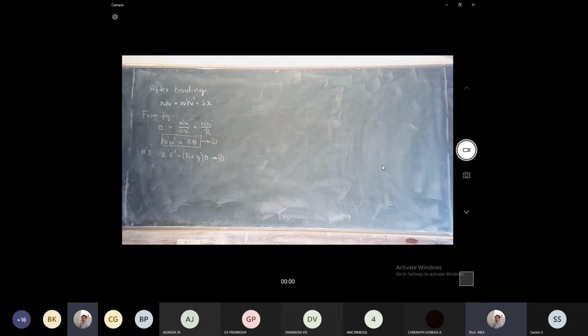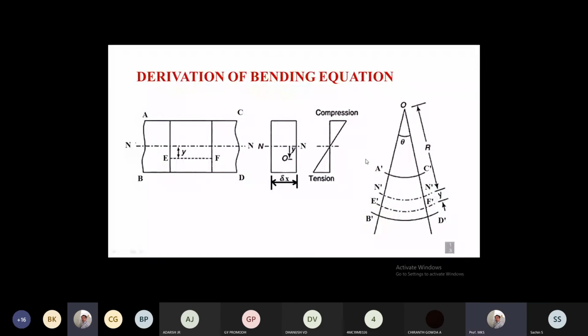Now equation 2 minus equation 1. N dash N dash is the initial length of the beam before applying the load, before applying the moment, right?